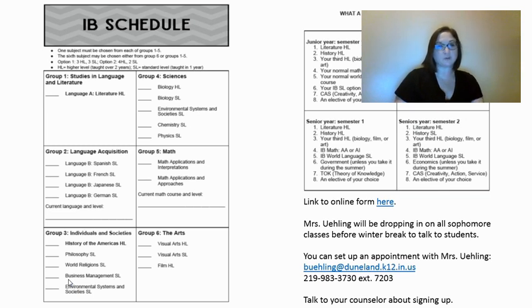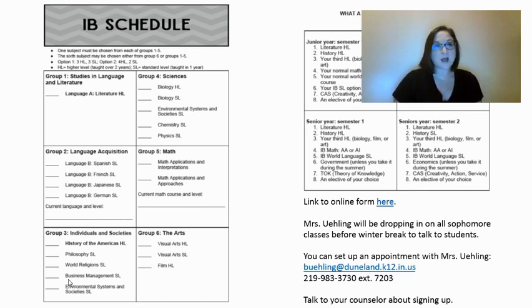And then finally in Group 6, we have the arts. We have visual arts HL, 2-year course, visual arts SL, 1-year course, and film, which is also a 2-year course. So what we need to do is choose one subject from each of the 5 groups.